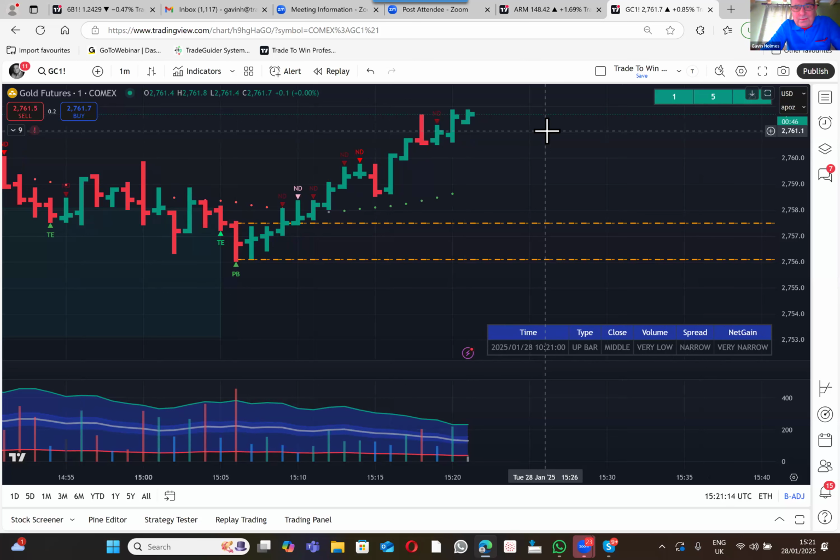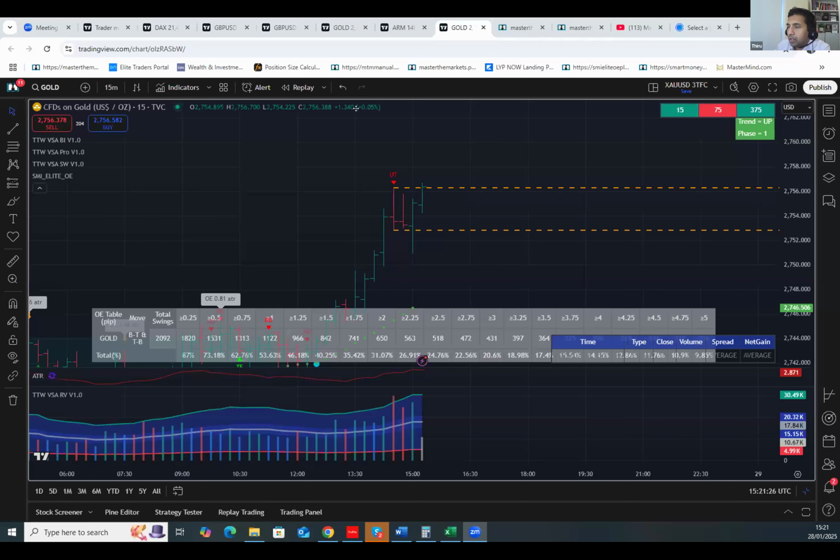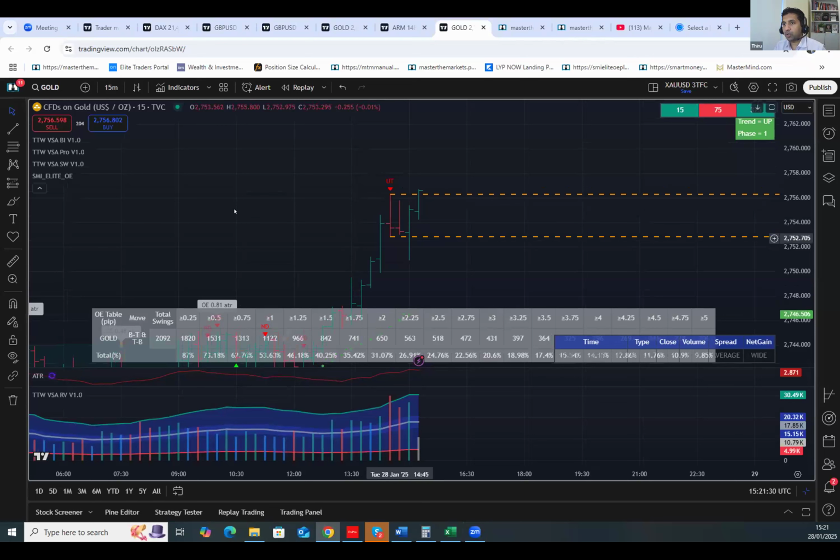But that's not the point. Let me show it on my screen as well because it's all confirming. I've got total confirmation on everything. If you guys can see over here, on the 15 minutes the VSA trigger lines are already up here.